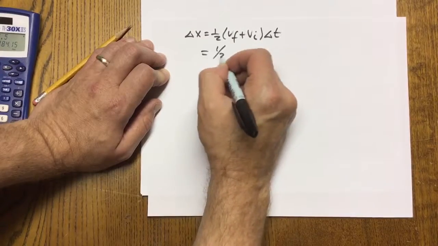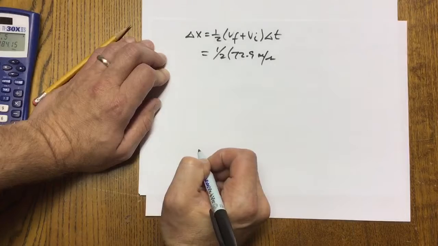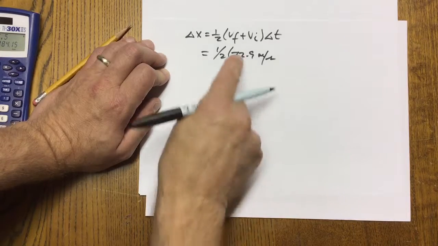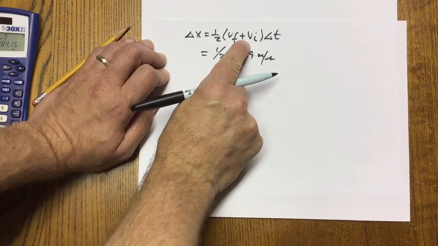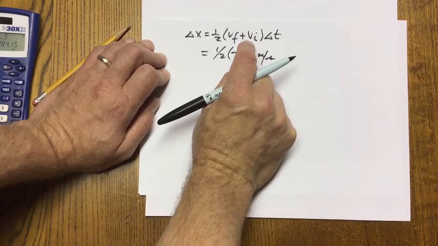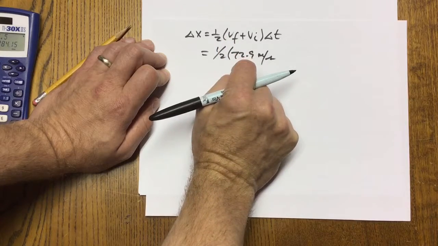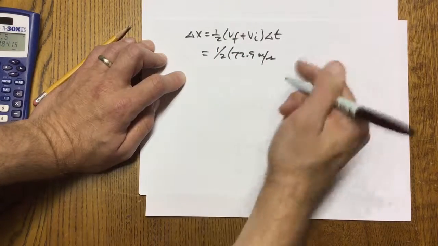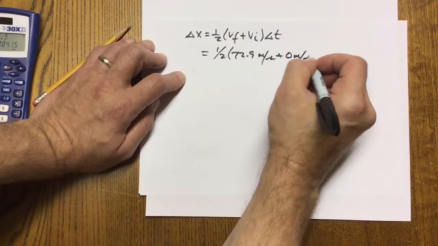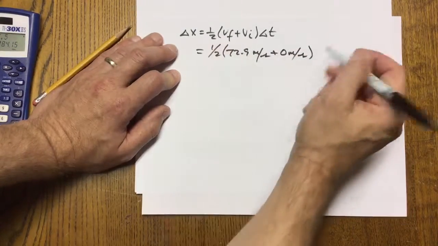Okay, 1/2 of 72.9. Stop. This can be a problem, because if you're traveling at constant speed, you could actually put 72.9 in here again, so you get half of twice what you started with. This time it's 0. I'm just saying you could use this in other situations for constant speed.